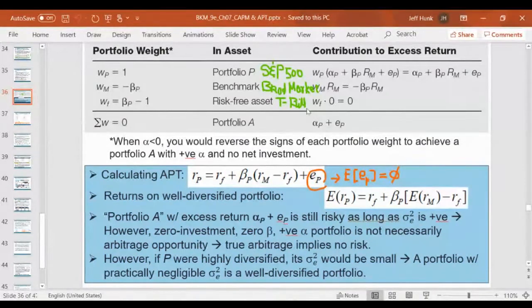And the risk-free asset has, because there's no correlation between the risk-free asset and the S&P 500 portfolio, it will have to be 0, right?